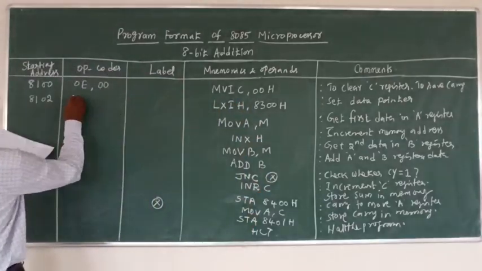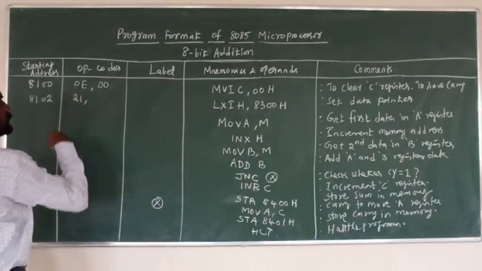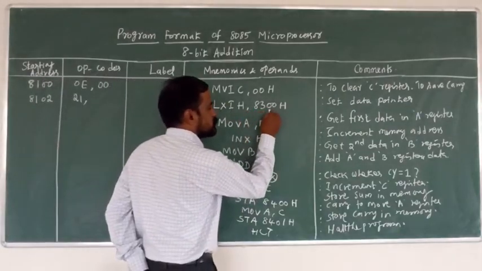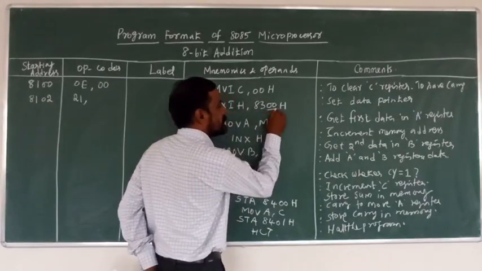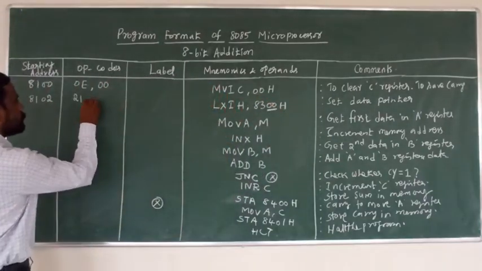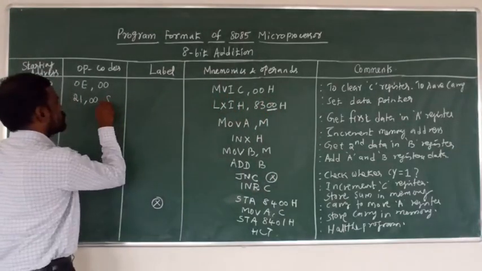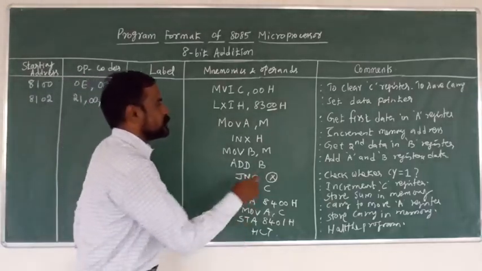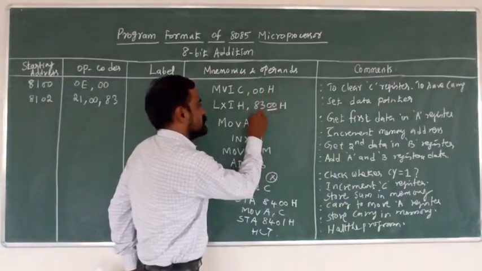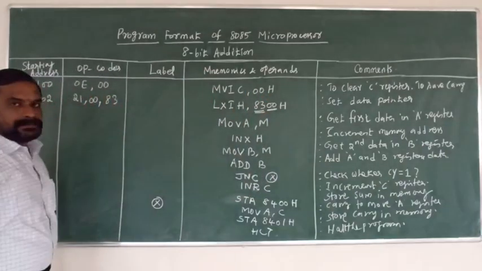Now the opcode for LXI H is 21. In a 16-bit address, first we have to represent the least significant byte, 00, then 83. Always first represent the LSB address, next the MSB address.